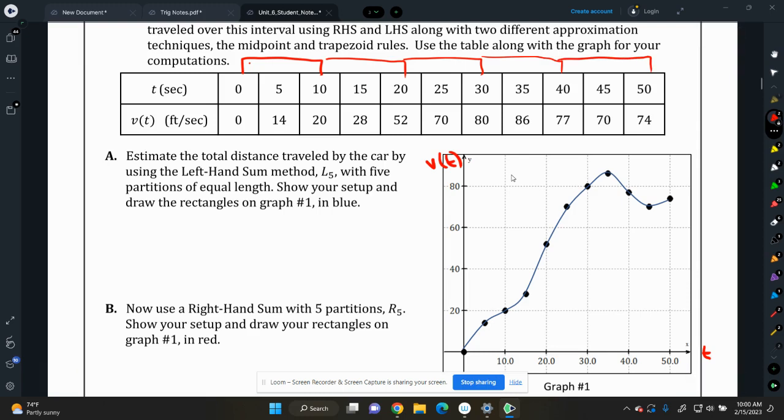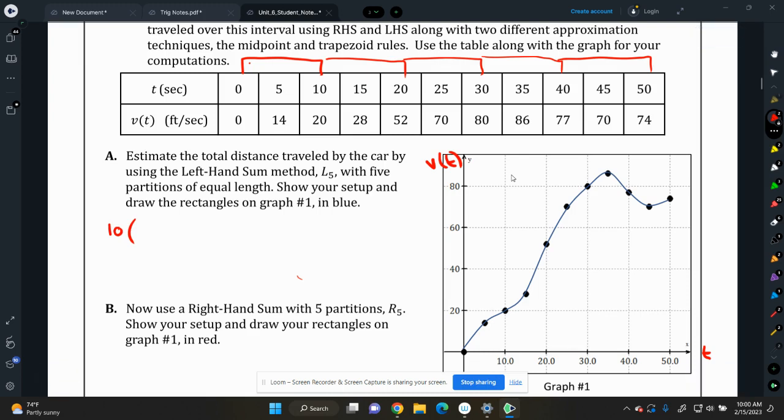That's what I usually do on the AP exam instead of drawing out the graph. The graph does help, but of course it takes a lot of time. So each rectangle, do they have the same width? Going 0 to 10, 10 to 20, 20 to 30, 30 to 40, 40 to 50. Yes, they do. So the width is 10.